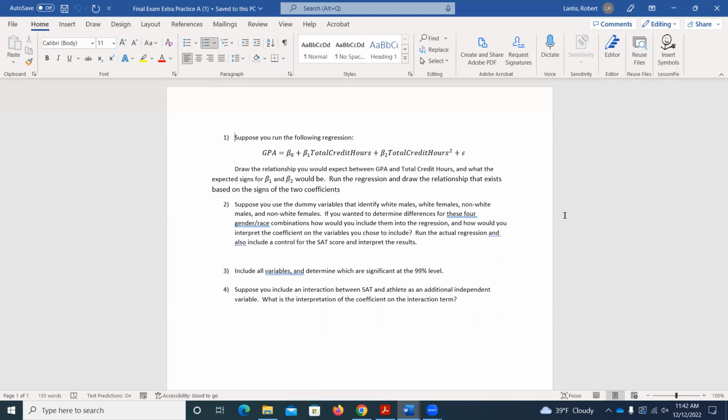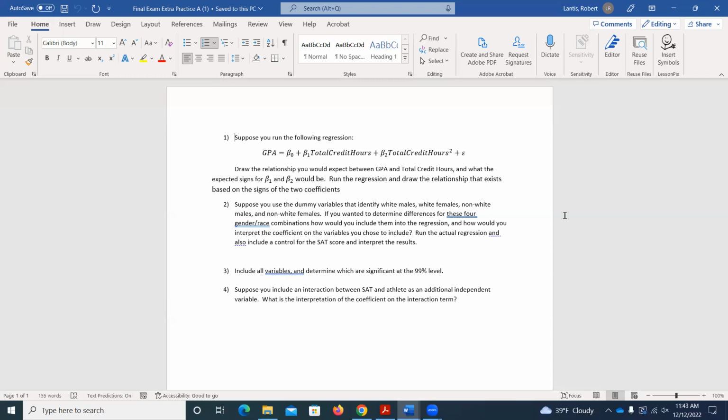Non-existent person. There is no reference. Well, we have to create a reference group. So we said, what do we do? We include every single group there. This is non-white male. But we have to leave one of those groups out. Now that group becomes our reference group.